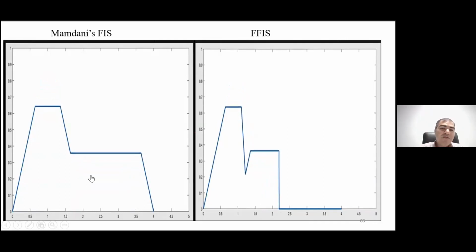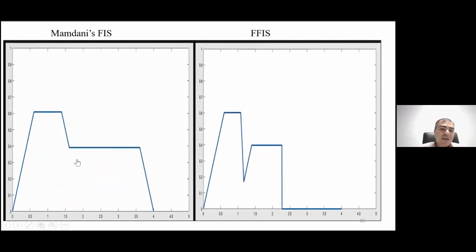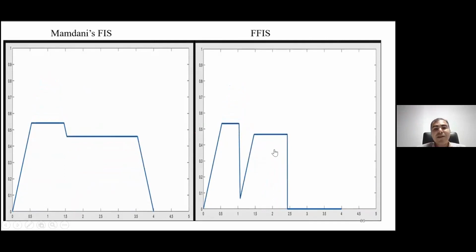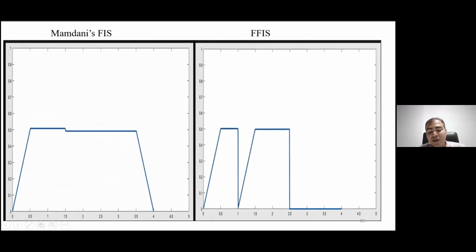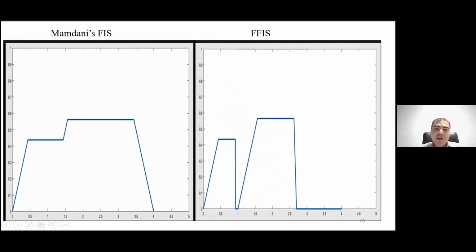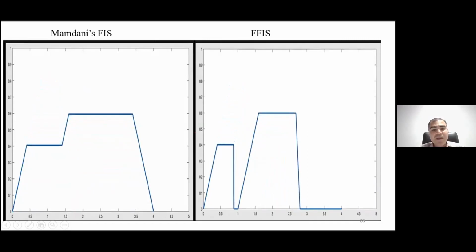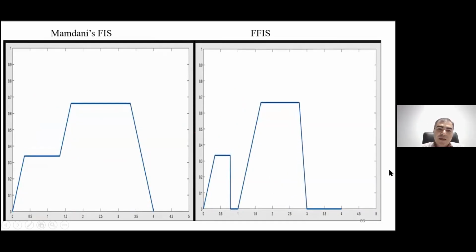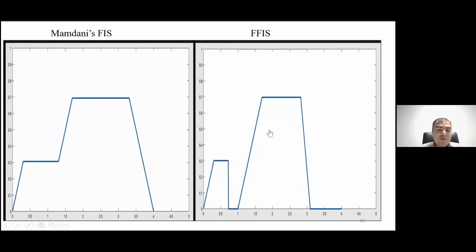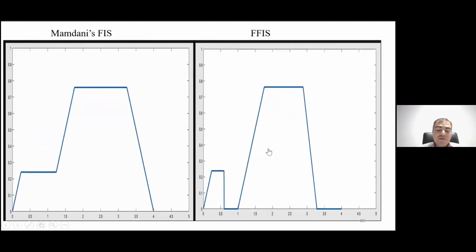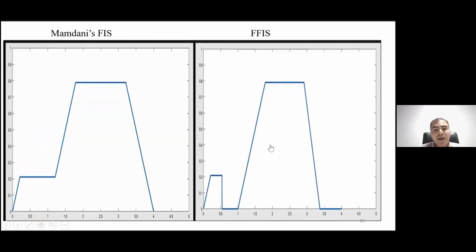And the behavior of the typical FIS, for example, in Mamdani's FIS, is almost always like an up and down. But in FFIS, based on the relation we consider between the value and volume of information, actually based on the function that we considered for the fractional indices, the behavior is different. So a high variety of different behaviors we can have in the output of the FFIS.